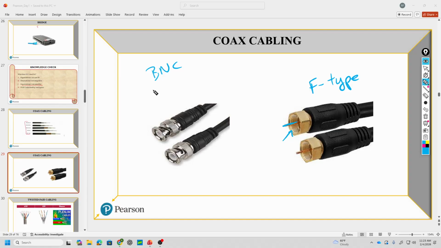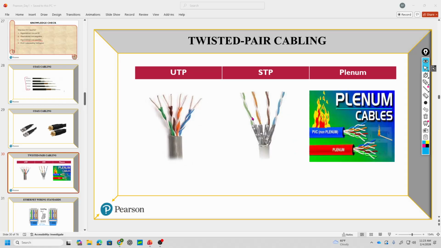It's also known as a British naval connector because this is where it was first applied. Okay? So those are your two main coax fittings or connectors.